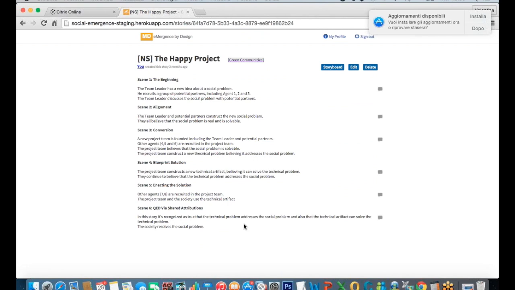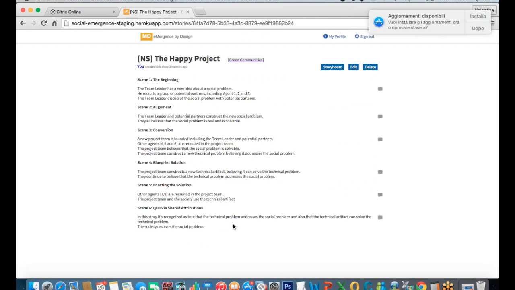So in a certain way, we can say that the managing team, so the project team, had in mind that the project could go very easily because at the beginning they had an idea about a social problem that had to be solved, and they had to recruit a group of potential partners with which they had to discuss the problem that has to be solved and how they can recruit other partners and so on.